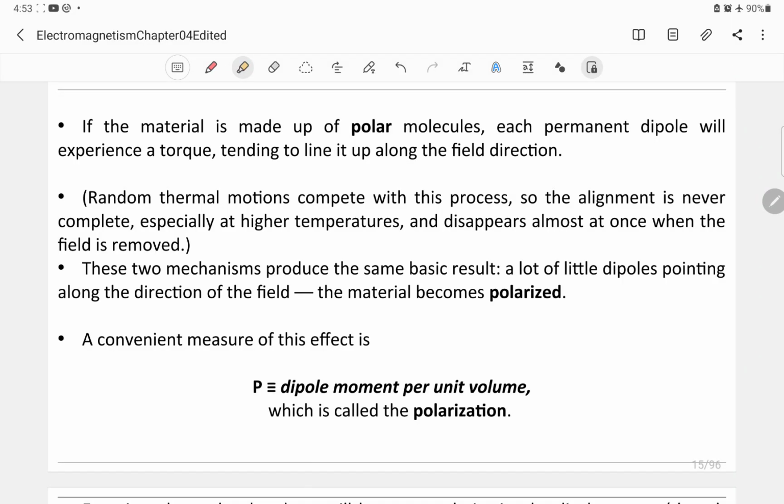But if you have a polar molecule where the arrangement of the atoms is asymmetrical, each permanent dipole will experience a torque which tends to line them up along the direction of the field.